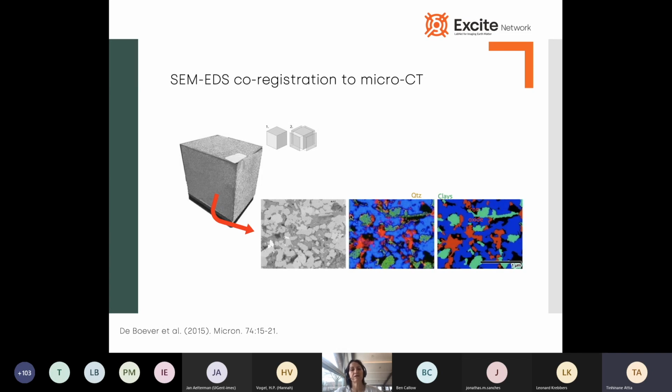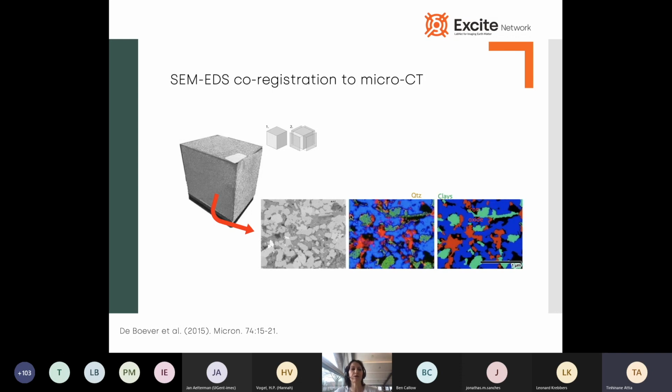One way you could use is, for instance, with CT, and maybe this is something important to mention, maybe not highlighted this morning: the benefit of CT is that you can just put your sample in it and you do not need to do any kind of sample preparation in principle.